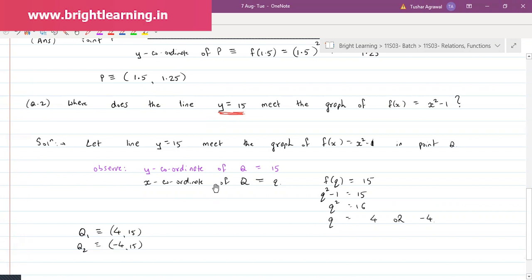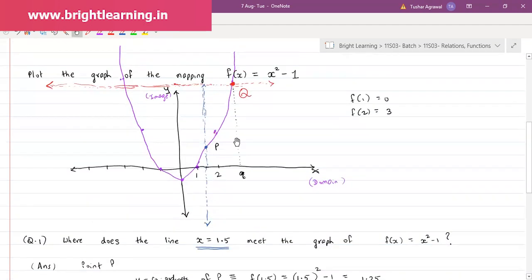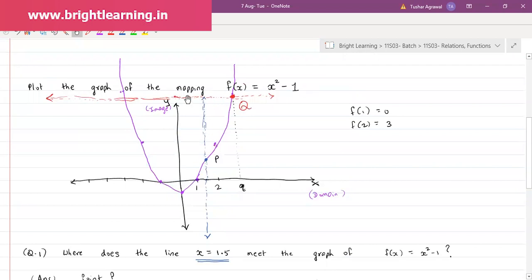See whether mathematics is correct or not. From the picture we can see, yes, indeed the horizontal line is intersecting this graph in 2 points. This point is q1, which is (4, 15), and this point is q2, which is (-4, 15). Don't bother about the scale, the scale is wrong.